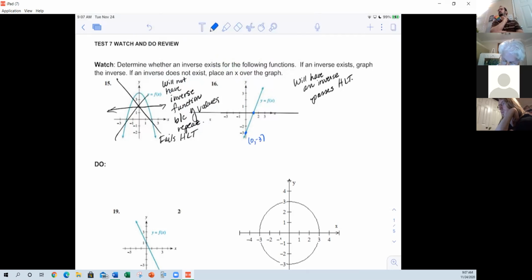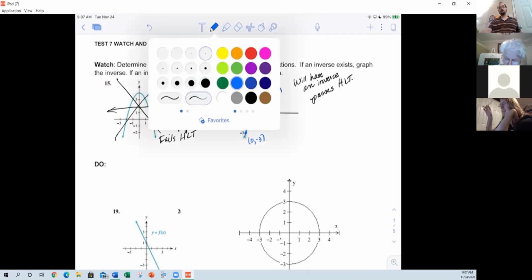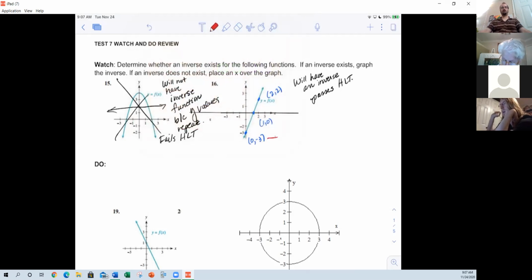I'm just guessing here. This one looks like it's about 2, 2. Okay, and then to graph that, we switch the x and the y. So on the inverse function, it will be -3, 0, 0, 1, and 2, 2.